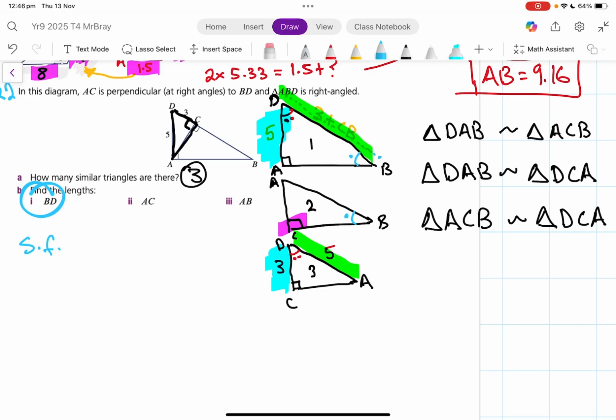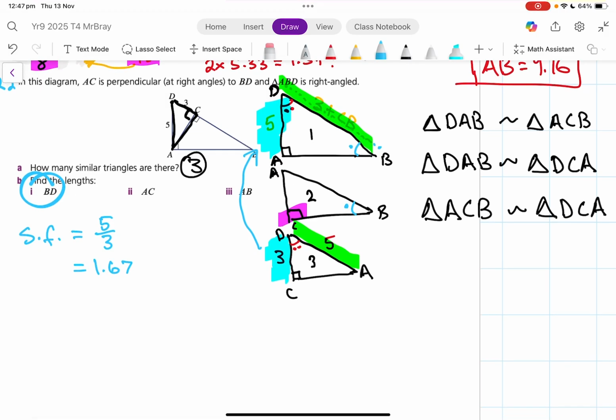So that tells me the scale factor is going to be equal to, well, we're going this way, right? We're solving for the one up the top. So scale factor is going to be equal to 5/3, okay, which is approximately 1.67.